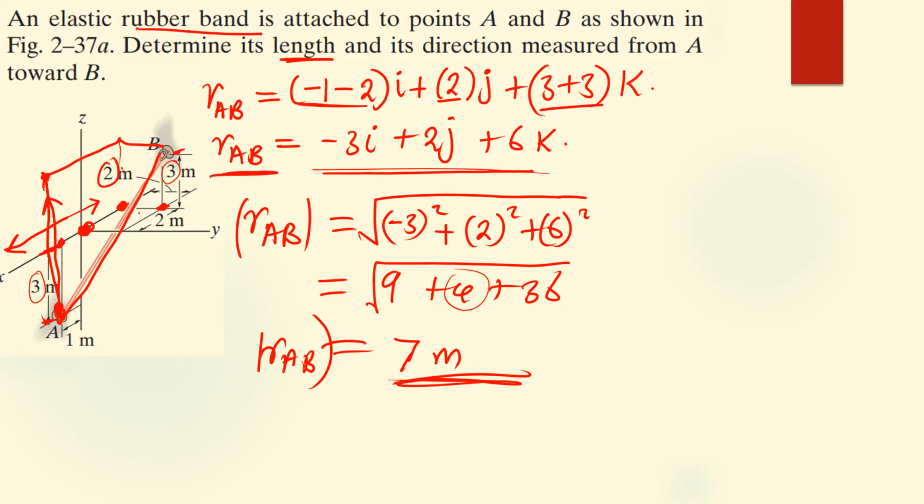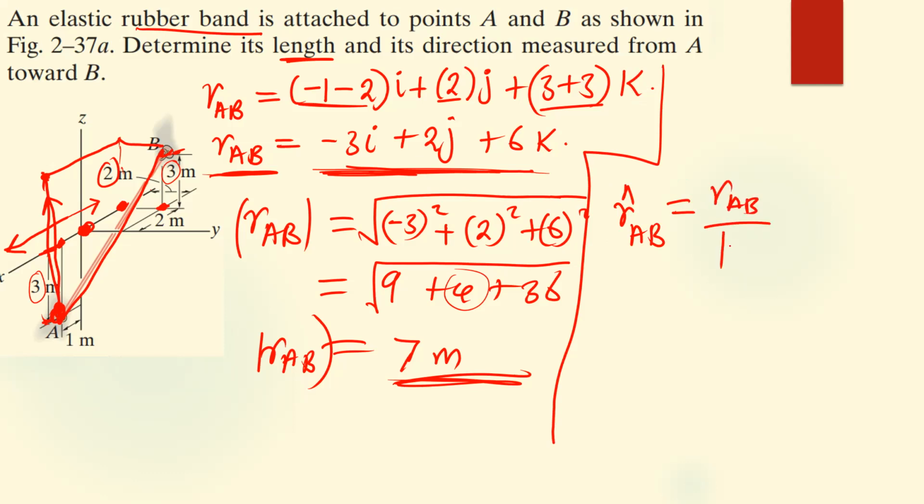This is the position vector of AB. So now we just have to find the unit vector in the direction of RAB. The unit vector is found by taking the whole vector RAB over the magnitude of RAB.